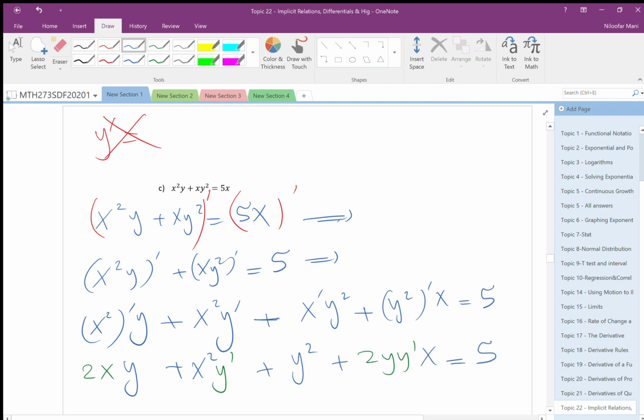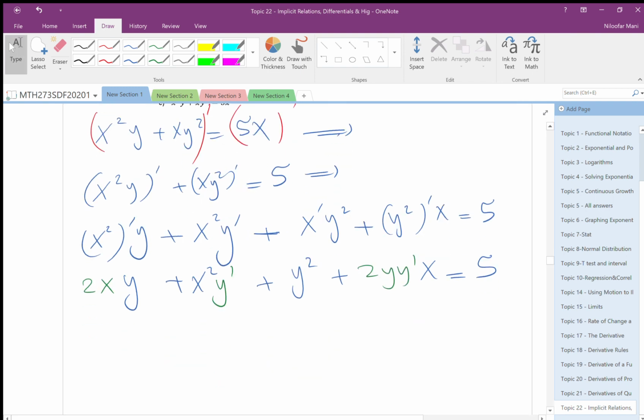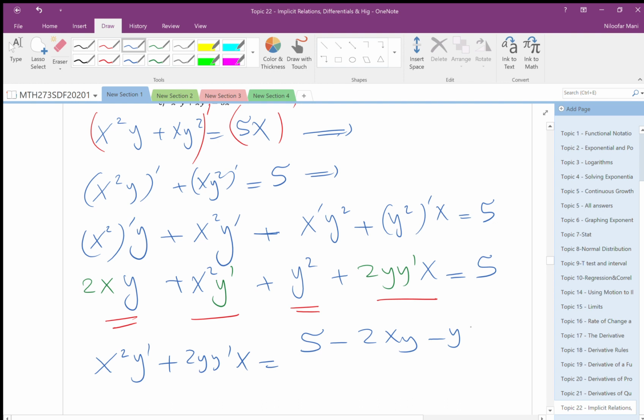Now you have to find y prime. Okay? So 2xy, y prime x squared plus y squared plus 2y prime x. Okay, so now I have to factor. So this and this one side, this the other side. Okay, so let me see. Yes, x squared y prime plus 2y prime x equal 5 minus 2xy minus y squared.